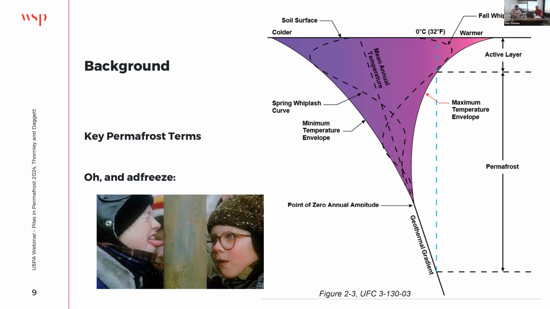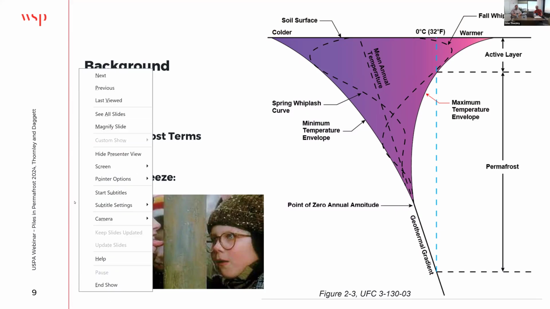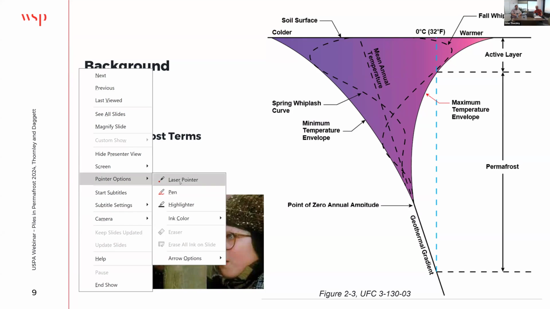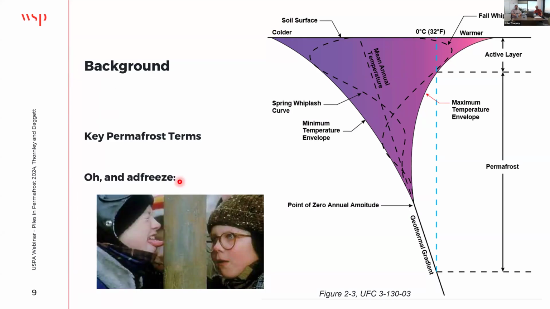the key terms with respect to permafrost. Some key terms that we'll talk about a bit later are active layer. So this is the layer that seasonally freezes and thaws. We'll talk about permafrost.